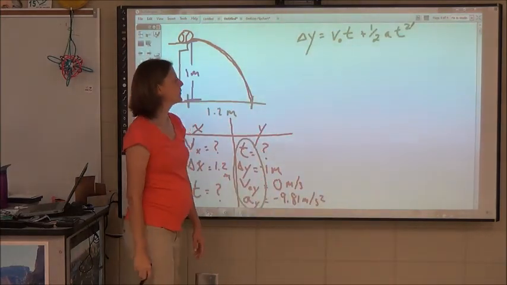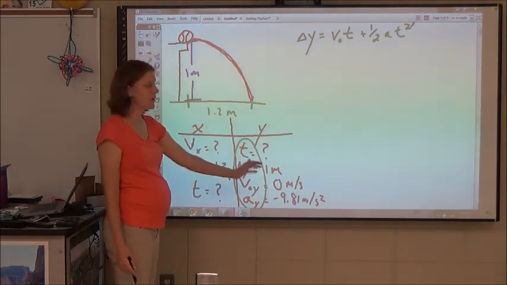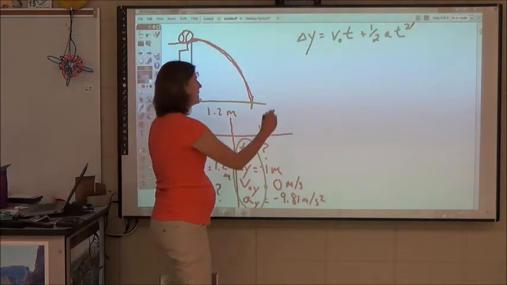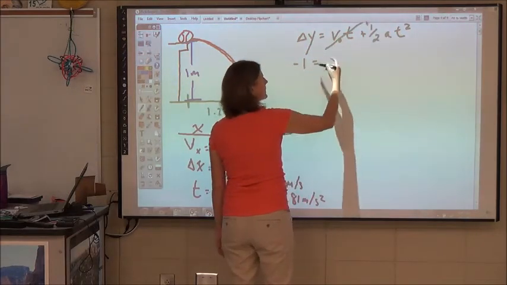Delta y equals v naught t plus 1/2 a t squared is my displacement. My units are already good to go, thankfully. I've double checked my negative signs. Now I can just plug on in. Negative 1 equals, really this goes away because that was 0.